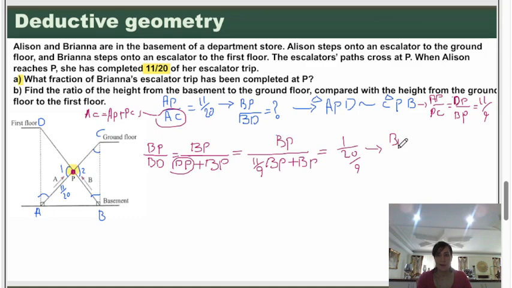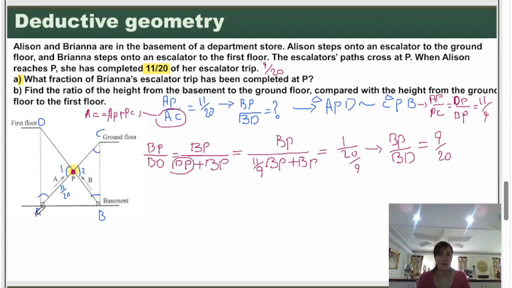So BP over BD equals 9 over 20. It's my fraction. I am done with part A.